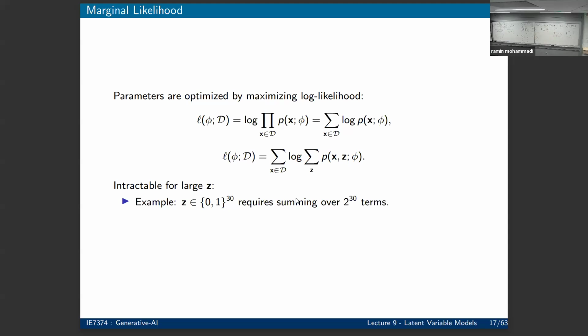So if you have 30 pixels missing, you need 2 to the power of 30 operations per data point. Now, if you have a data set of size D, the number of iterations is out of control. It becomes really expensive to generate that data set or make that model work.